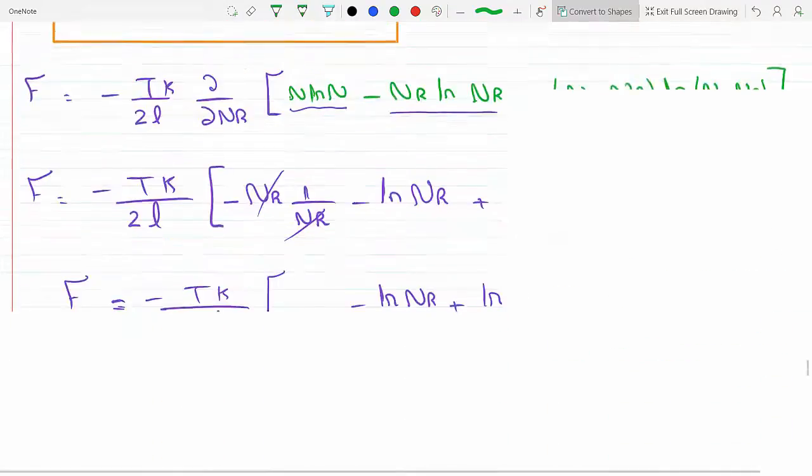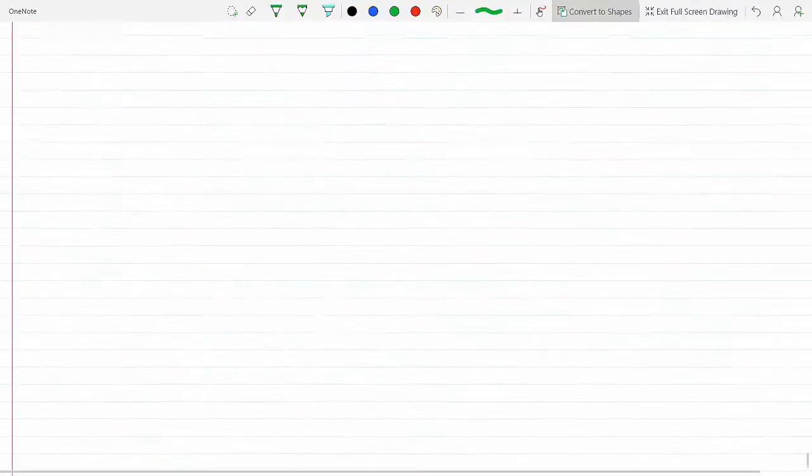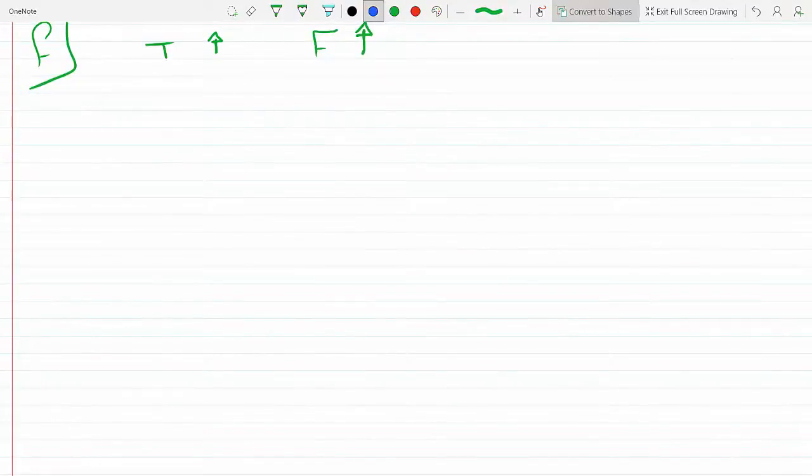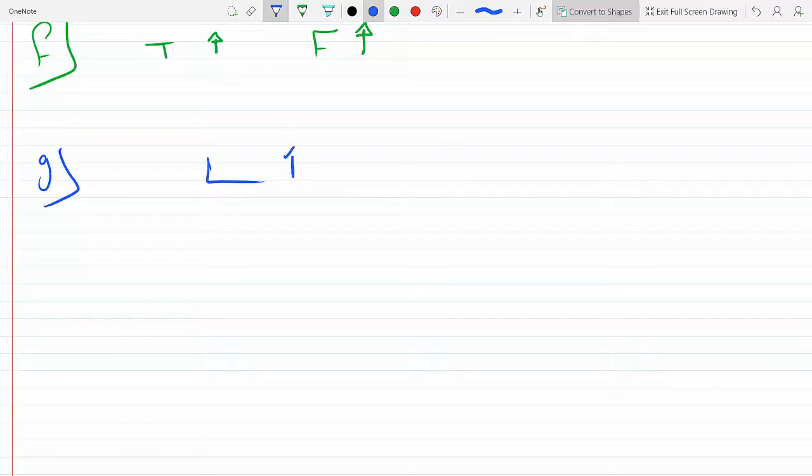So let me try to write this down briefly. For part G, if you stretch quickly, L will go up, but you also have vibrational energy of the molecules, which will increase the internal energy of the molecules.